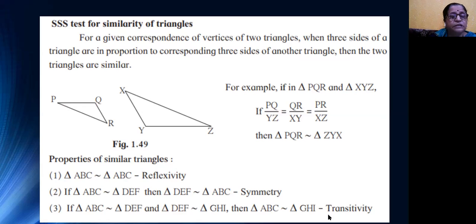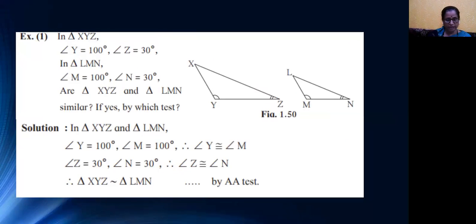Next, we are going to see some solved examples. In this one, there are two triangles given, XYZ and LMN.